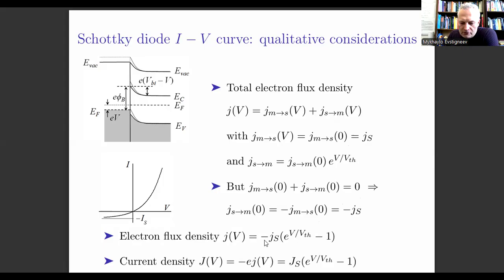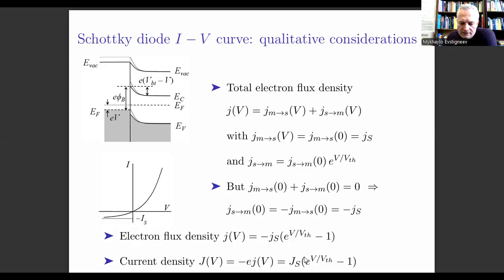And the metal to semiconductor contribution is positive J S. But now this is the particle flux density. How about the electric flux density, the electric current density, to use the more precise terminology? Electric current density is the product of flux density times the electron charge, which is the negative elementary charge.